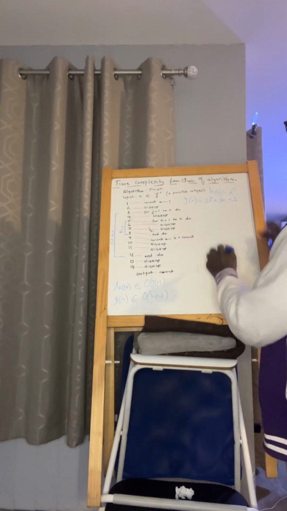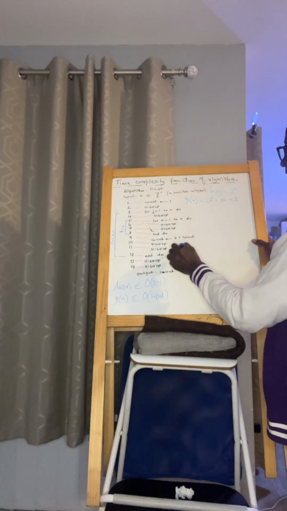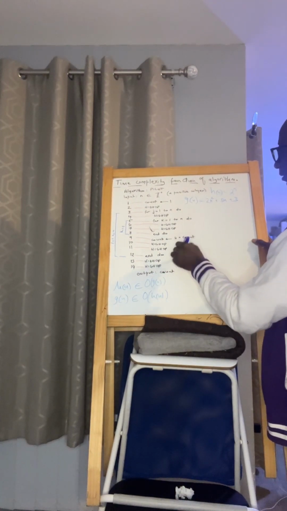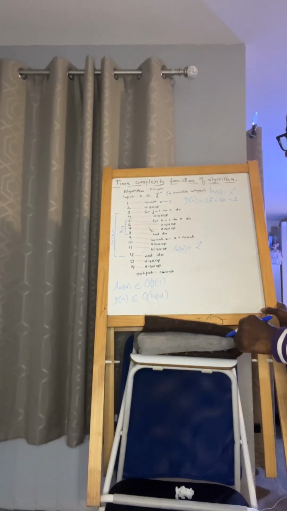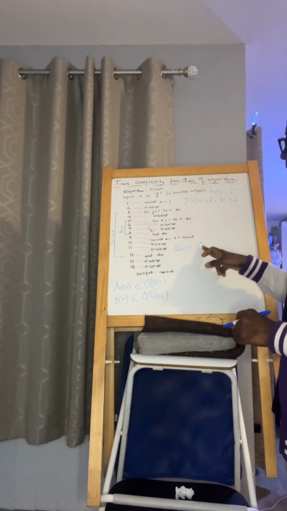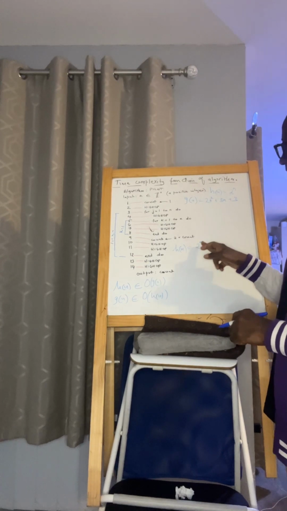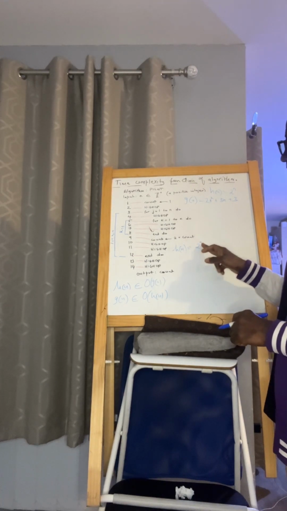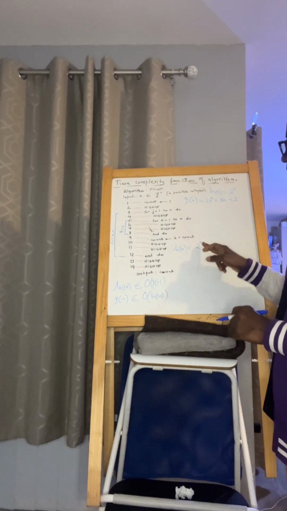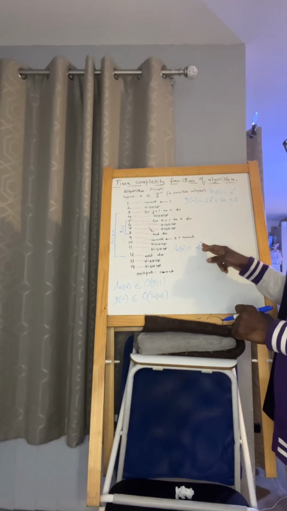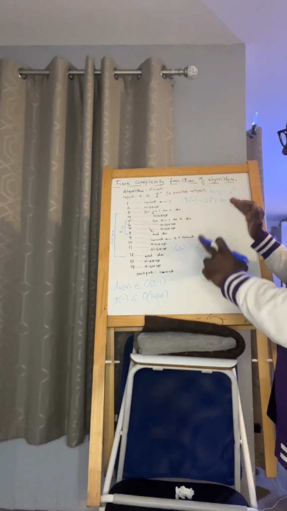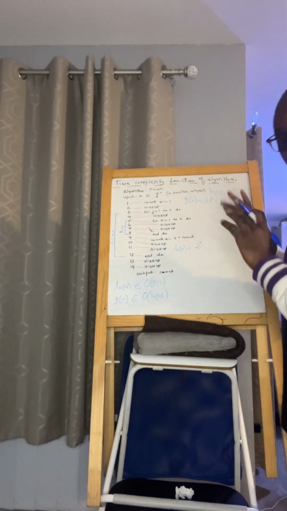So what is h of n? We know h of n is 2 to the power of n. If you put n equals 1, you get 2. What about n equals 2? You get 4. If you put n equals 3, you get 8. n equals 4, this number will keep on increasing exponentially.